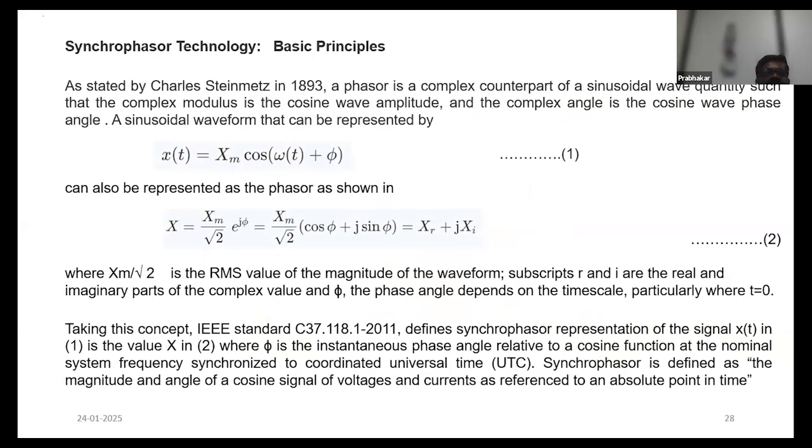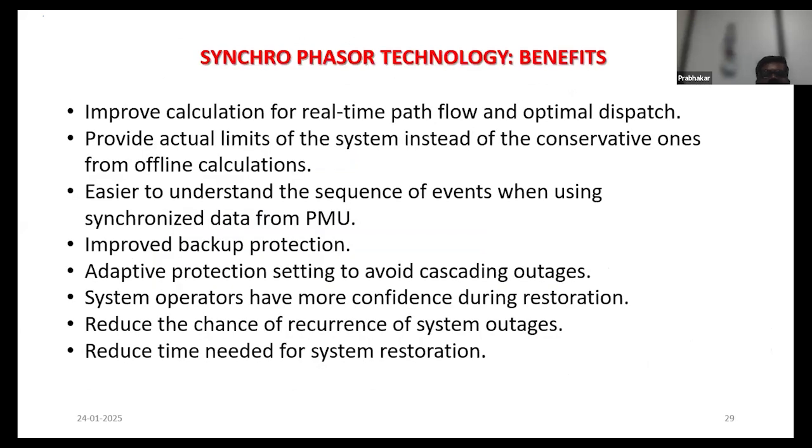And this is the basic principle: any sinusoidal waveform you can represent in the form of a phasor, and this phasor information is what we are talking about introducing. So what are the other benefits? Yes, we can rethink whatever studies people have done in the past, like optimal dispatch issues, power flows, congestion issues, the protection side.